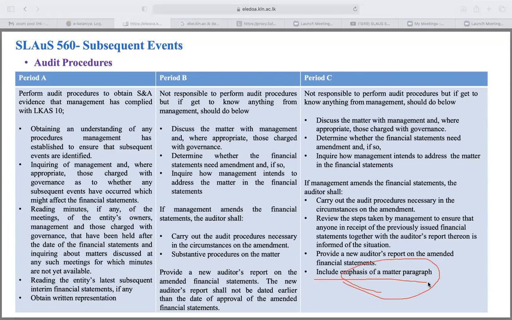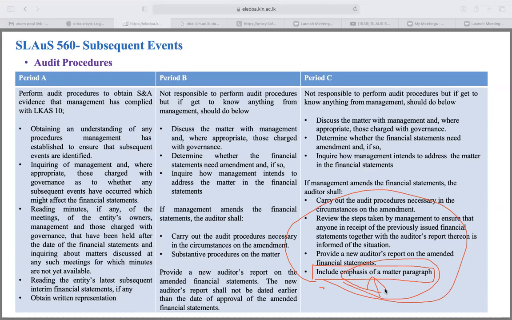Actually, when we are looking at the professional level examinations also, in SLAS 560, this clause is always checked, the emphasis of matter paragraph. In this paragraph, the auditor is saying that we are issuing a new audit report based on this event, right? Why are they saying that?